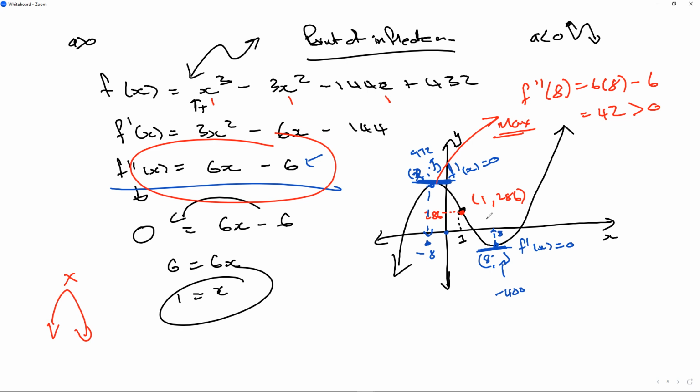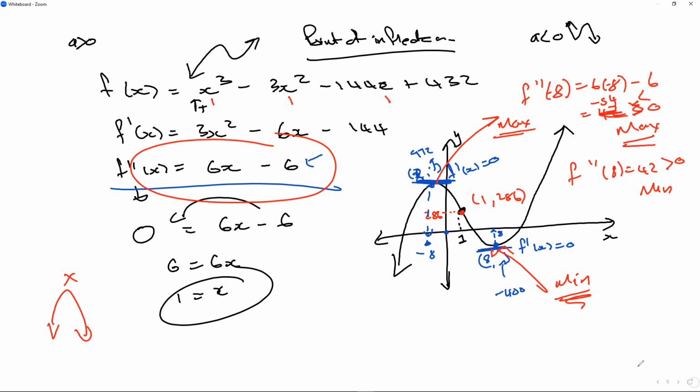And when you substitute negative 8, it's going to be negative 48 minus 6, which is negative 54. That's going to be less than 0, implying a maximum. Substitute 8 in there, remember we got 42, which is greater than 0. That's going to be where the minimum lies, which is over here.